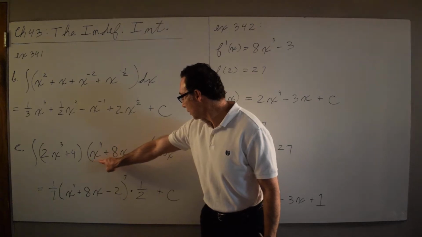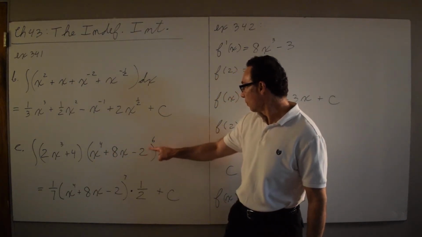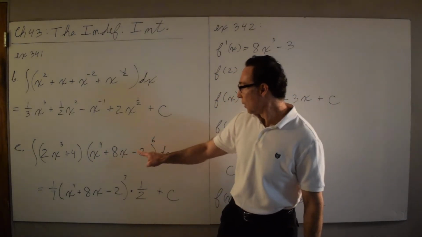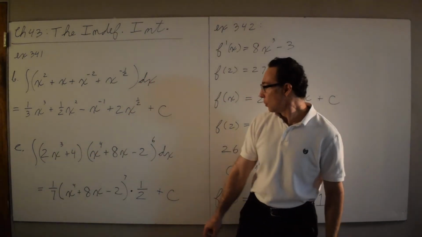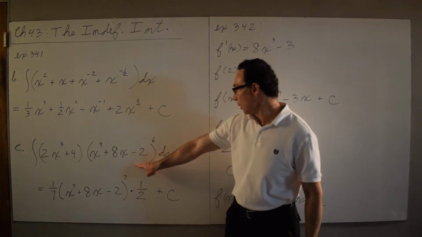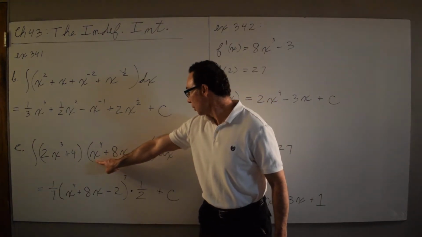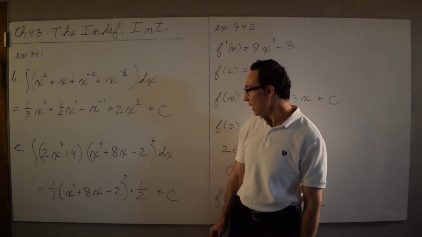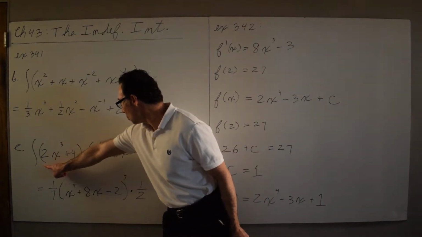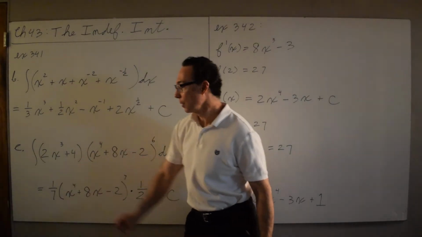We have this fourth degree polynomial to a sixth power, and then we have this third degree polynomial right here. If we calculate the derivative of the fourth degree polynomial, we have 4x cubed plus 8. 4x cubed plus 8 is exactly 2 times this term. We'll keep that in mind.